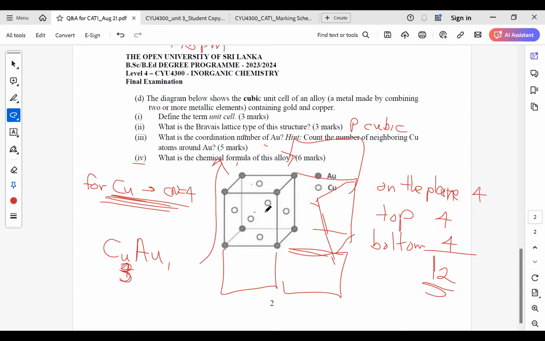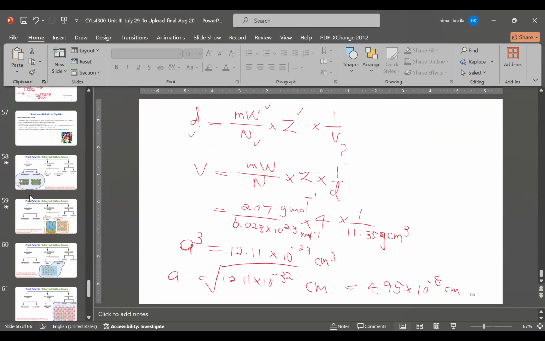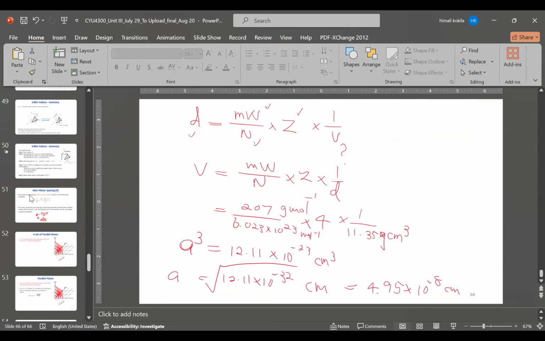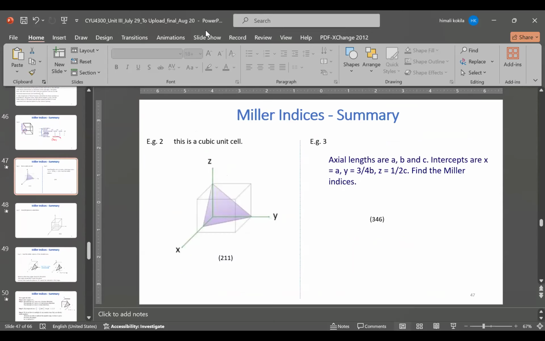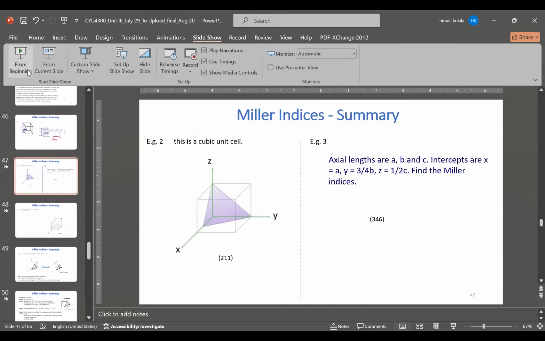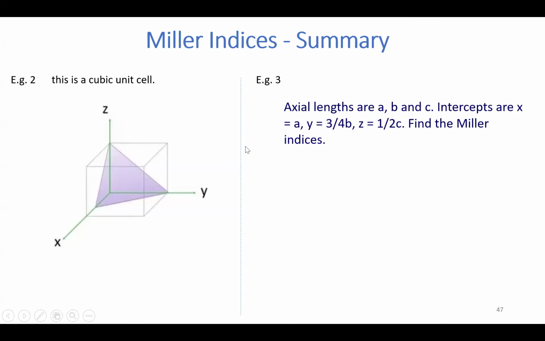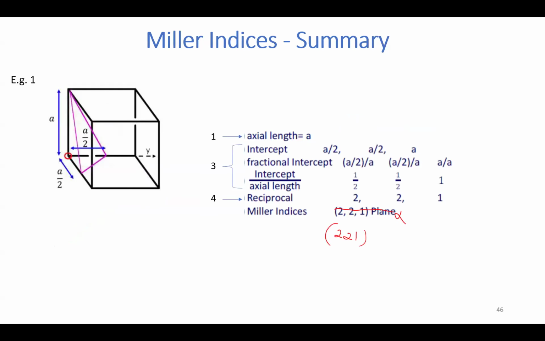In addition to that, if we go back to the presentation where we left last time, Miller indices, do you have any questions?